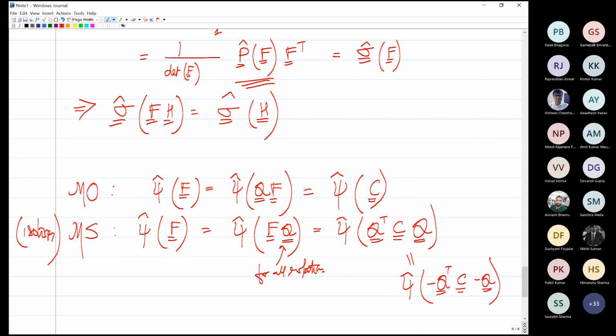So that means if it holds for Q, then it is also going to hold for minus Q. Because the function has to be always objective, and symmetry told me it has to hold for all proper rotations. But then we see that due to objectivity, if it holds for proper rotation, then it also holds for improper rotation. So therefore, in symmetry group, we actually apply all the rotations, all orthogonal tensors, plus as well as minus, minus corresponding to reflections.